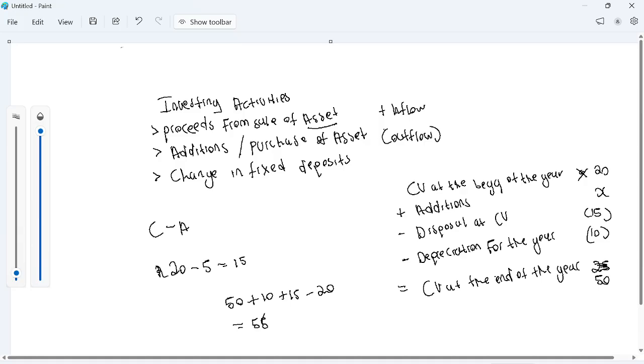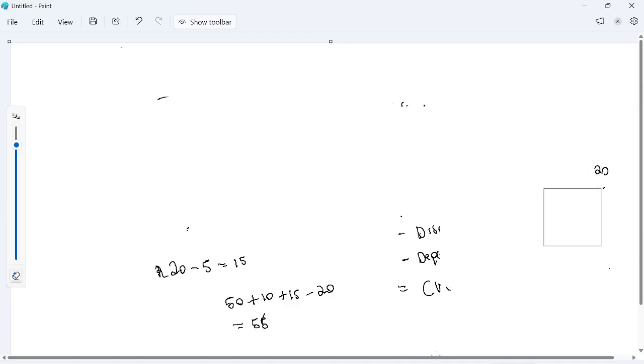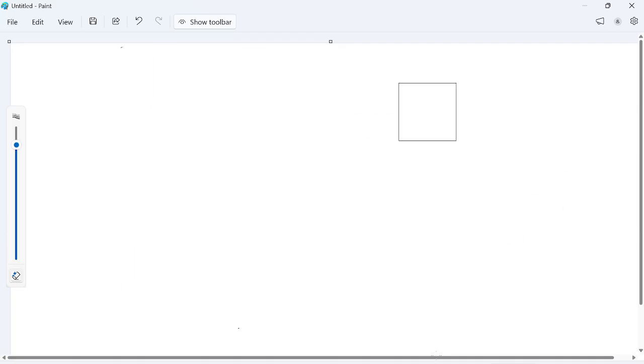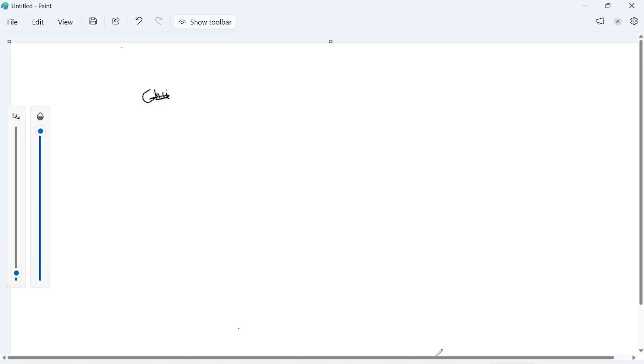Now let me do a question paper. Let me erase here and do a question paper. So here I'm doing my investing activities, right?